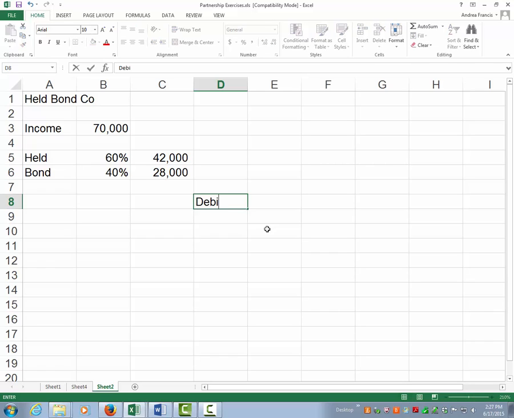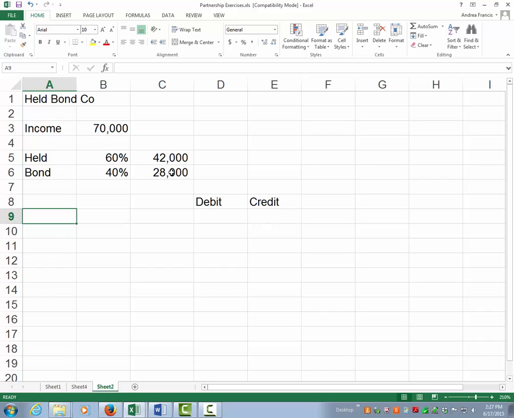So just quickly making columns for debit and credit, and now this is where you have to cast your mind back to accounting 1 and remember an account called income summary, the account that would summarize net income or net loss, in other words revenue minus expenses. So in that income summary account we would have had the 70,000, right?